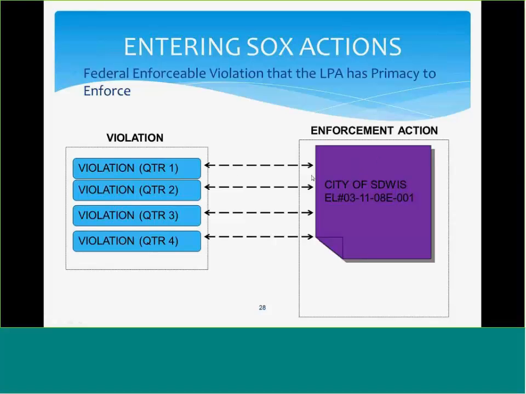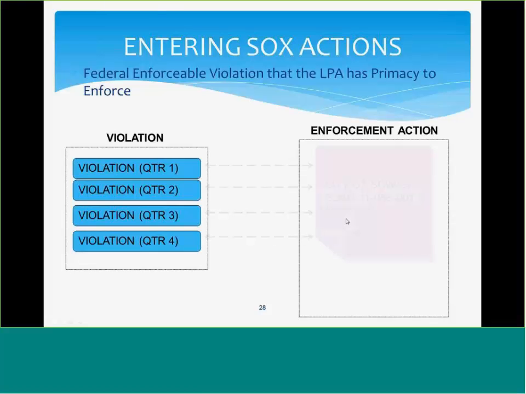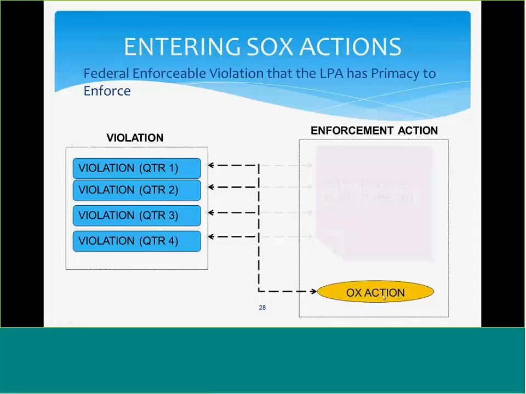So kind of like the first example I gave, where you associated one enforcement action back to each violation. So it's just kind of a recap of that. But this time, you would enter an OX action once the water system was returned to compliance, and then you would associate that OX action back to all four violations.